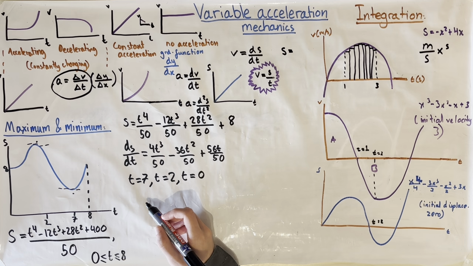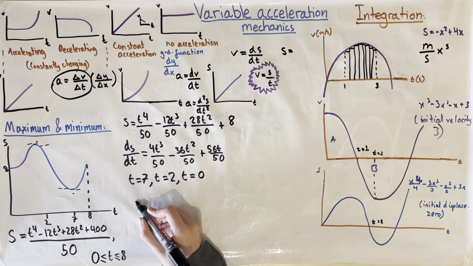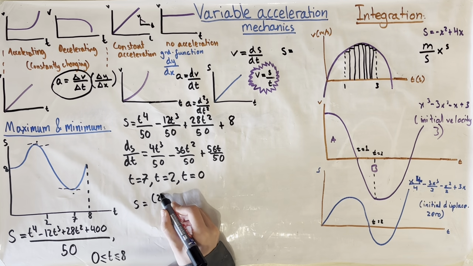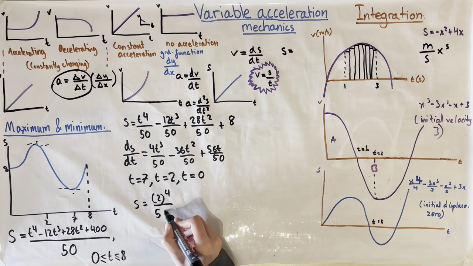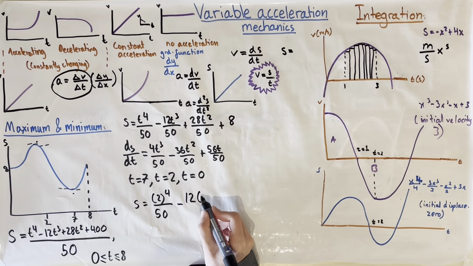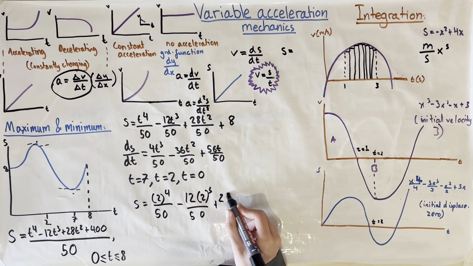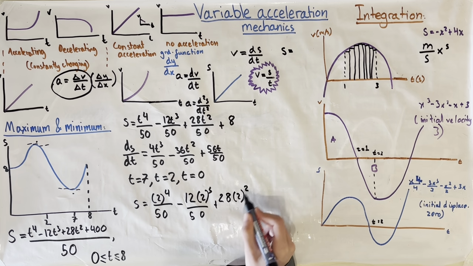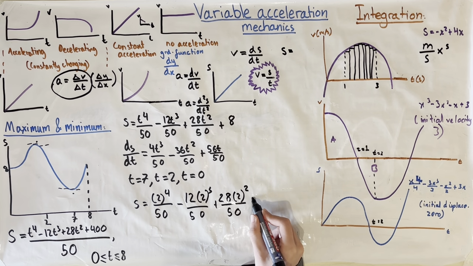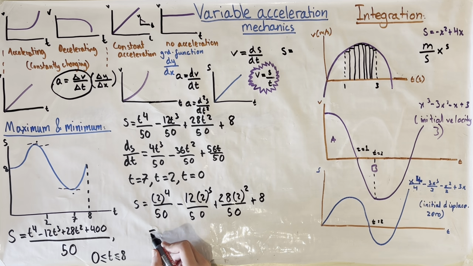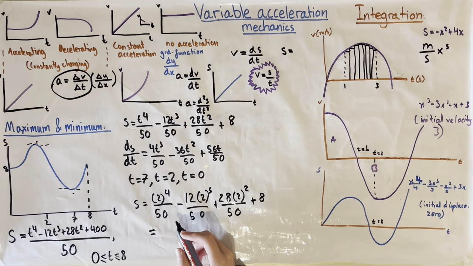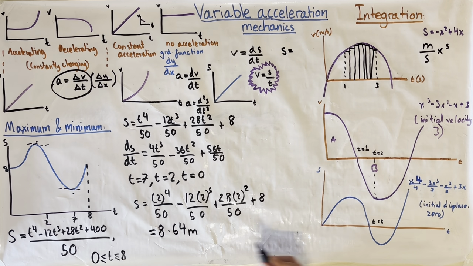If we do that, s equals 2 to the power of 4 over 50 minus 12 times 2 to the power of 3 over 50 plus 28 times 2 squared over 50 plus 8, which means our maximum displacement is 8.64 meters.